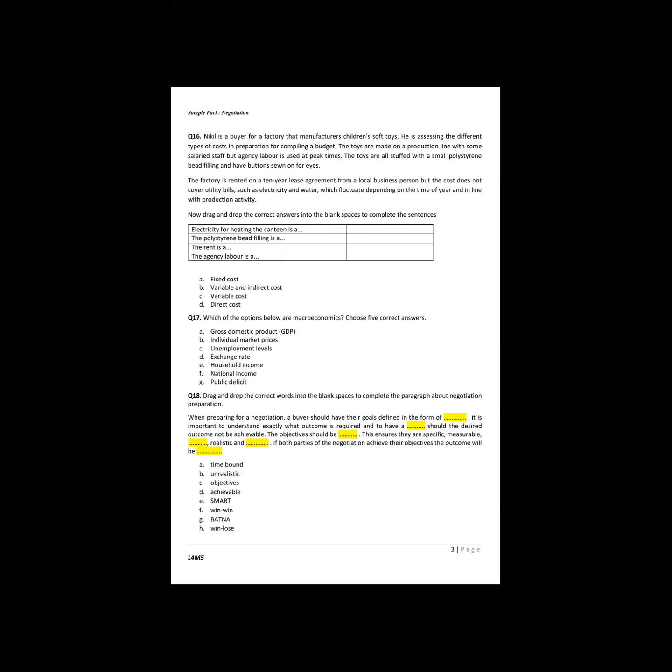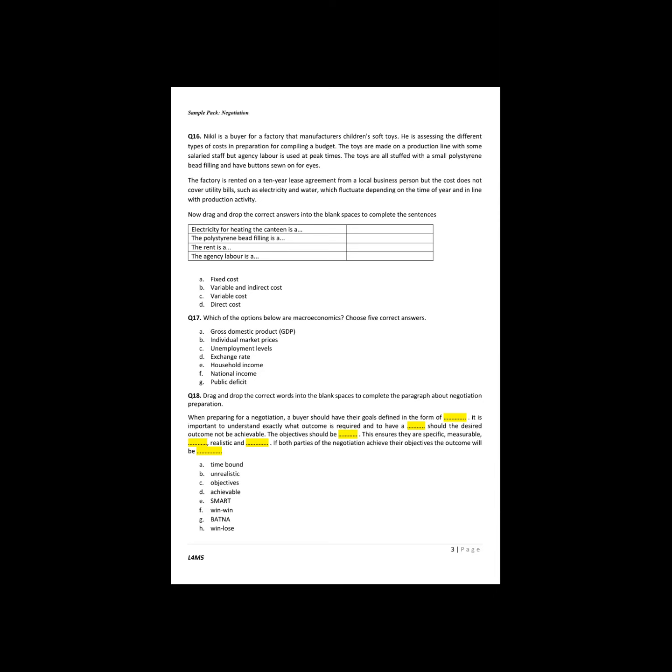But the agency labor is variable. It's variable cost. And that one can also be argued to be indirect. Yes, it can be argued to be indirect. So if someone chooses variable and indirect for either electricity or agency labor, the person should be right.